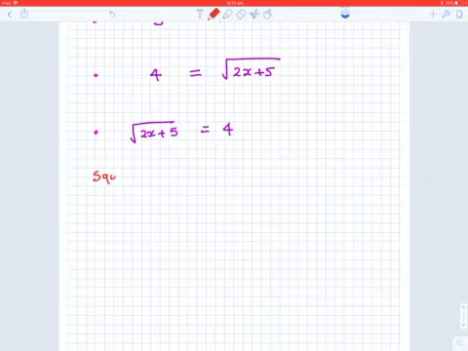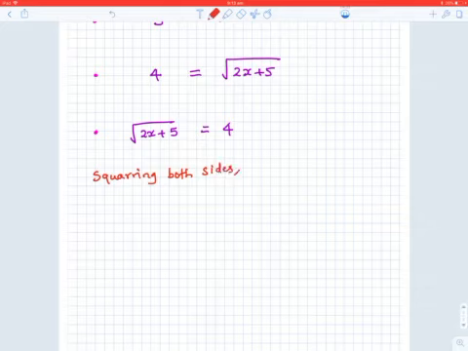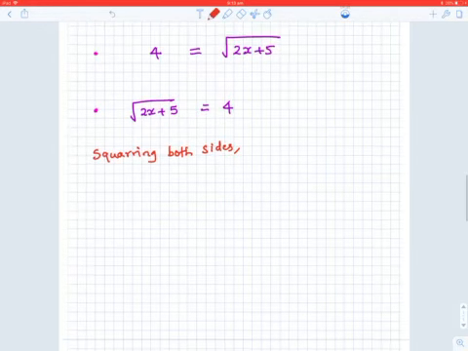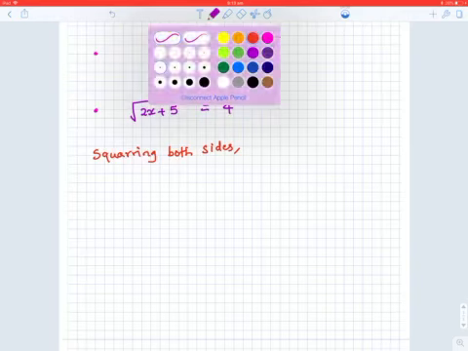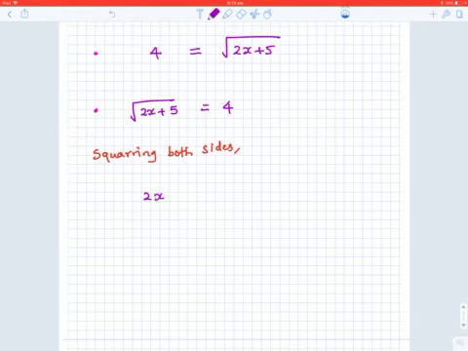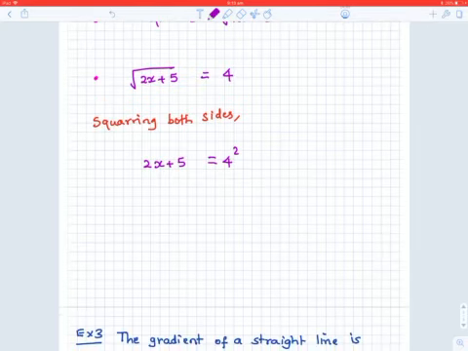The next thing is I have to find x. That means I have to solve the equation. To solve the equation here, I have to square both sides, because I need to remove the square root. The opposite of square root is square.